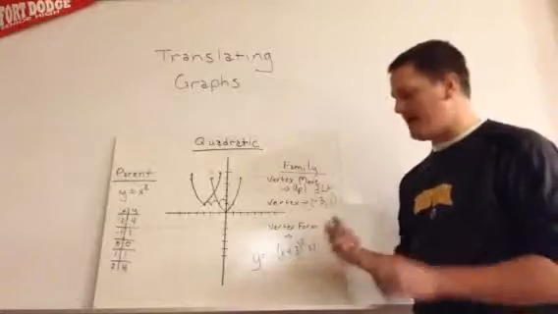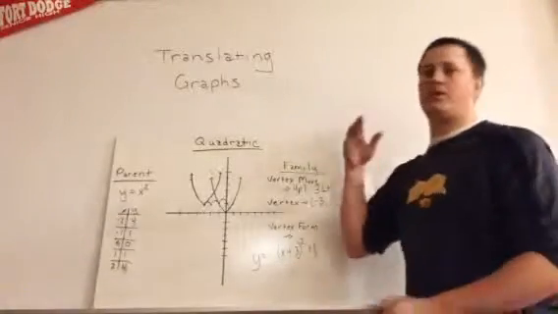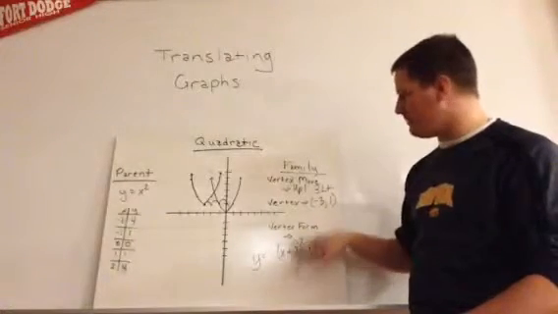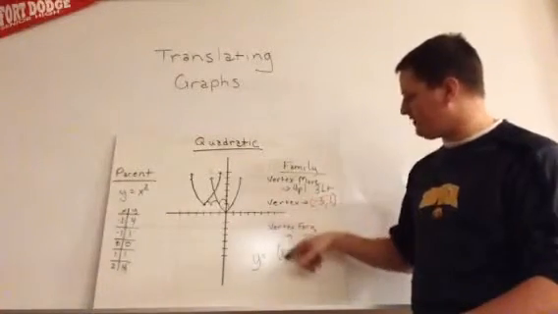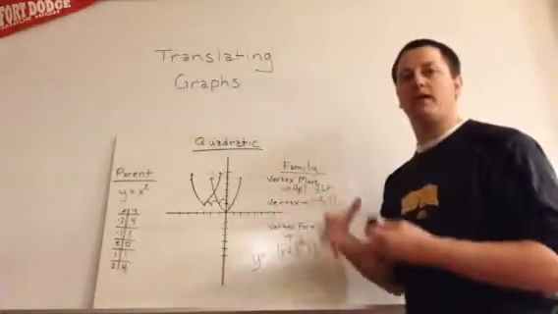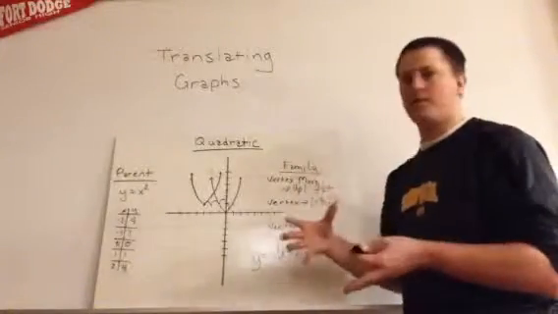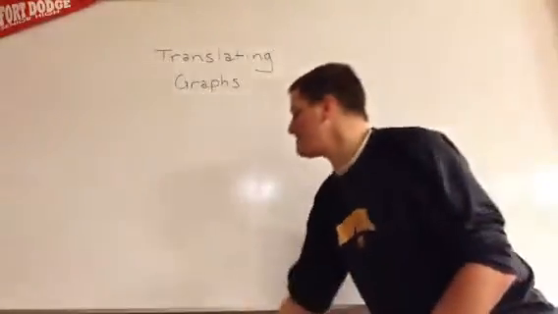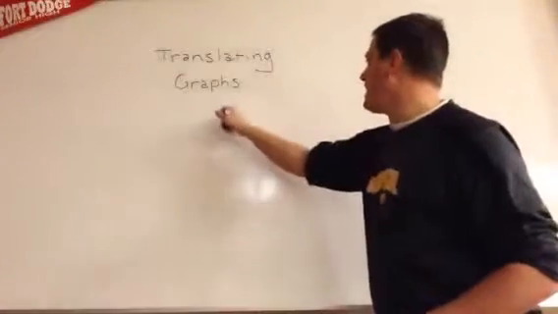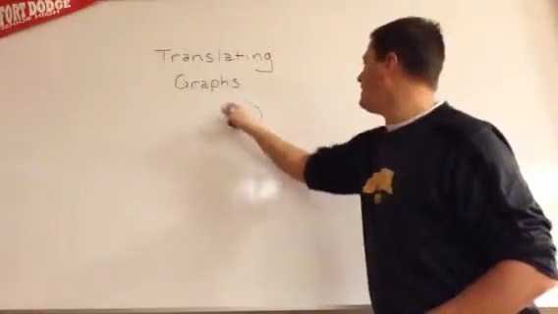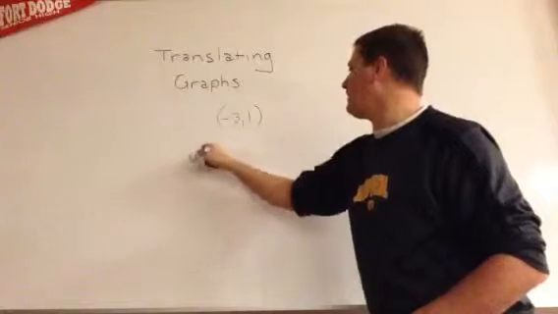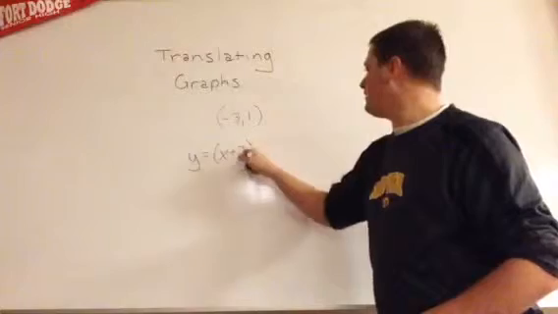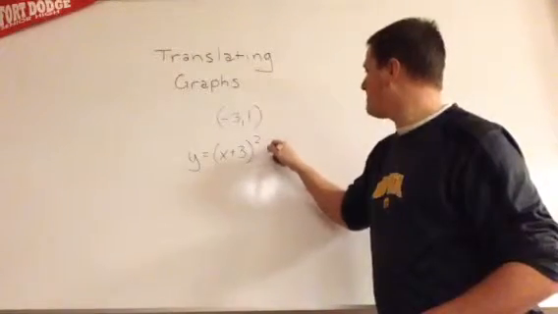Now, some people may look at these equations and wonder, why is this always opposite and this always the same? Well, what we can do is put the vertex in for x and y, and what we'll get is it zeroed out. So I'm going to now show you that. On that last quadratic, we had -3, 1 as our vertex, and we had the equation y equals x plus 3 squared plus 1.